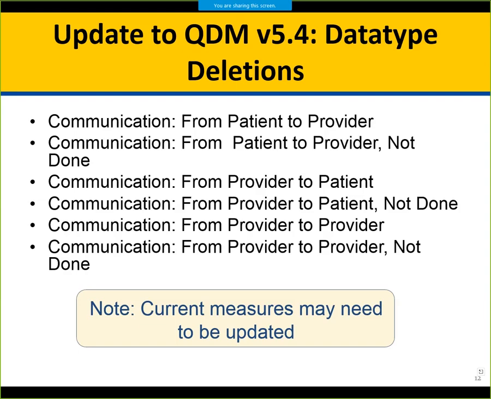The removed data types are communication from patient to provider, communication from patient to provider not done, communication from provider to patient, communication from provider to patient not done, communication from provider to provider, and communication from provider to provider not done. Because these data types were deleted, any measure drafts that include them will need to be updated.